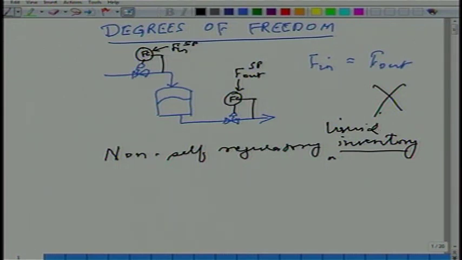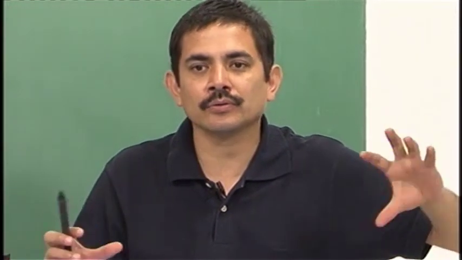So the level in a tank is an indication of the liquid inventory inside that tank. Inventories by their very nature, unless they are matched, either things are building up or depleting. Inventories are either building up or depleting unless it is ensured that in and outflows are matched.